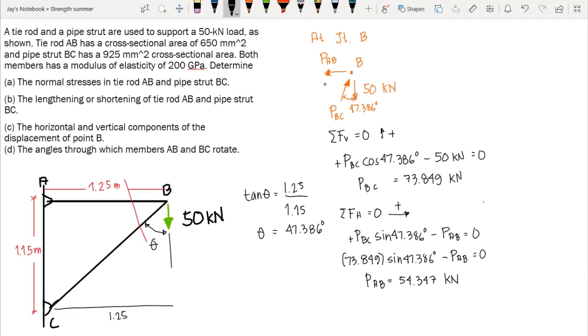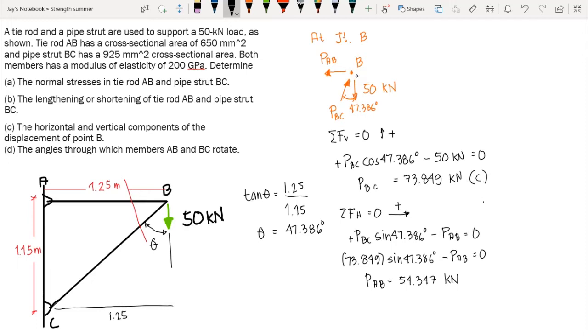Now, since we got a positive answer for all the axial forces, PBC we have positive answer 73.849 kilonewton, that means that we have correct assumption. And since we assume that PBC here is in compression, since this is acting towards the joint, this PBC is compression.